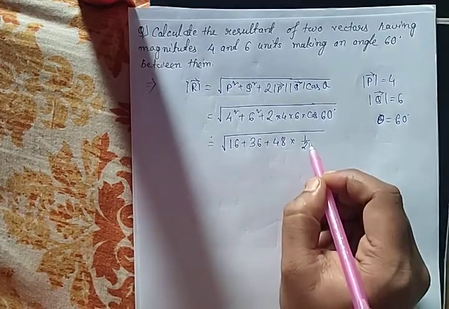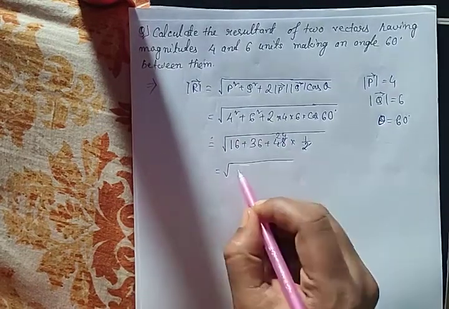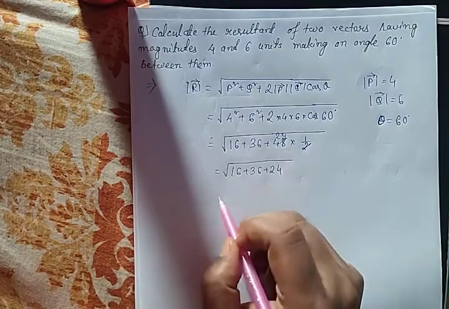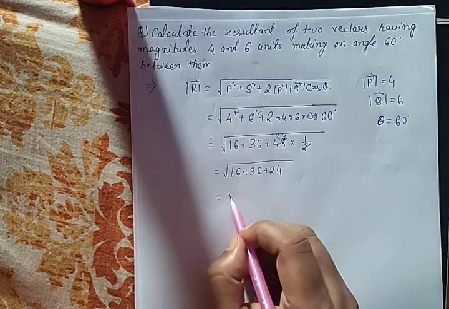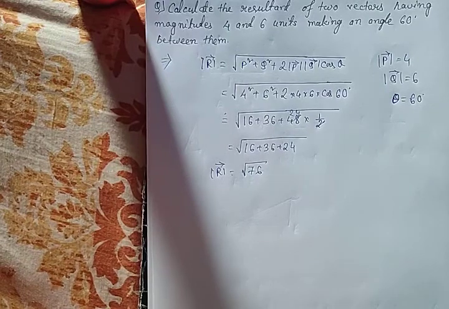So 2 into half is 1, and 48 times half is 24. That means root of 16 plus 36 plus 24, which is root of 76. So the value of |R| is equal to root of 76.